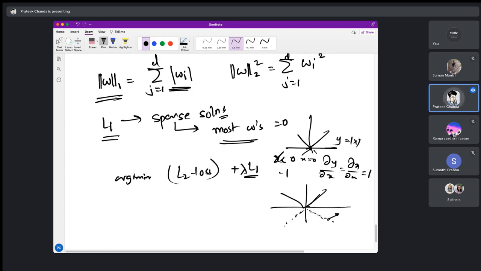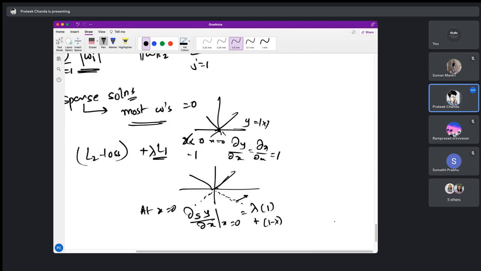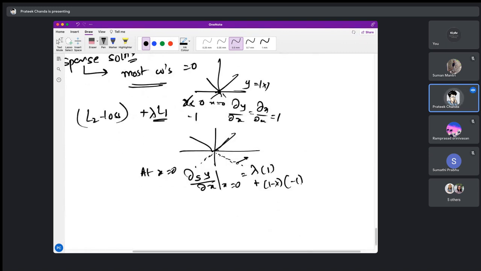So at x equal to 0, I would define the subdifferential as follows: ds by dx at x equal to 0 is equal to some convex combination, lambda times plus 1 plus 1 minus lambda times minus 1. This 1 comes from ds by dx at x greater than or equal to 0, and this minus 1 comes from ds by dx at x less than 0.